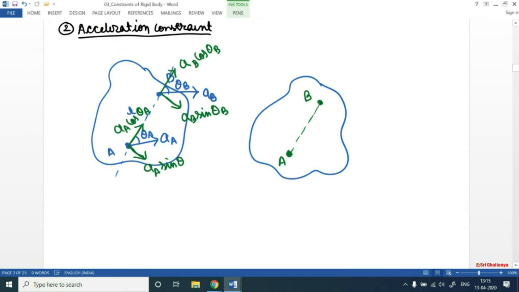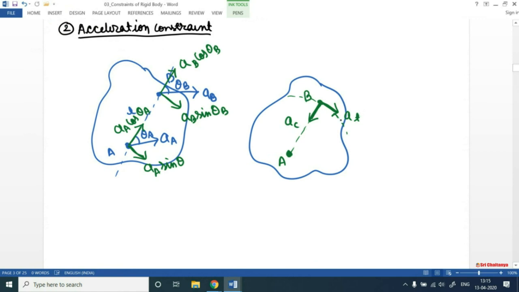Point B will have two components of acceleration with respect to A. One would be the centripetal component, and the other would be the tangential component, AC and AT over here. That is because point B is undergoing a circular motion about point A. So it is going to have a centripetal component and a tangential component.